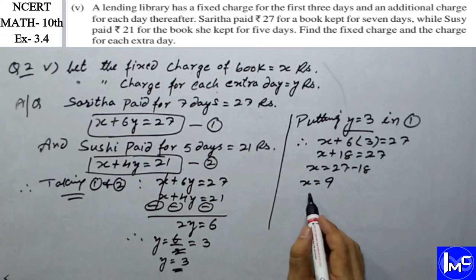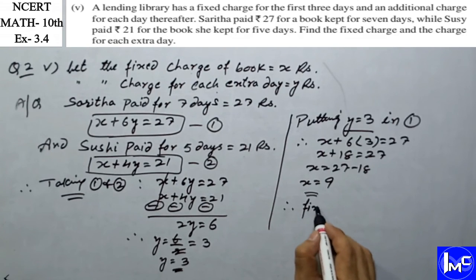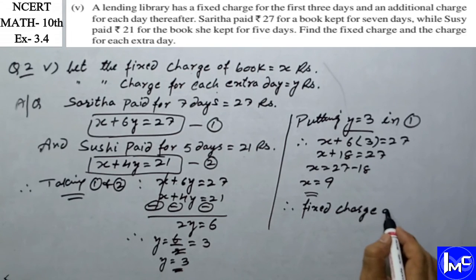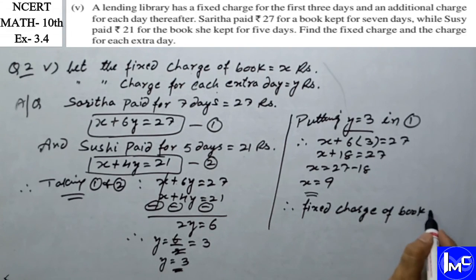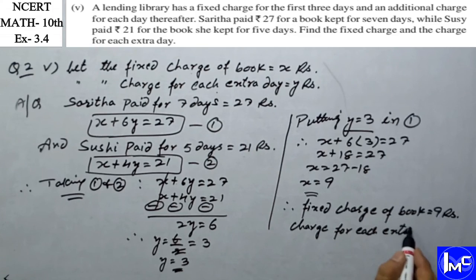And so the values of x and y are 9 and 3, and therefore the fixed charge of the book is rupees 9, and the charge for each extra day will be rupees 3, and this is our required answer.